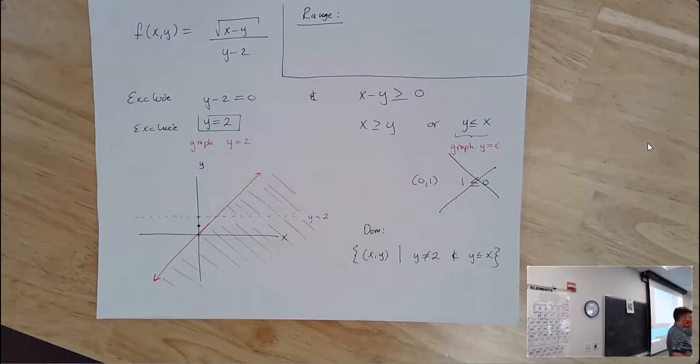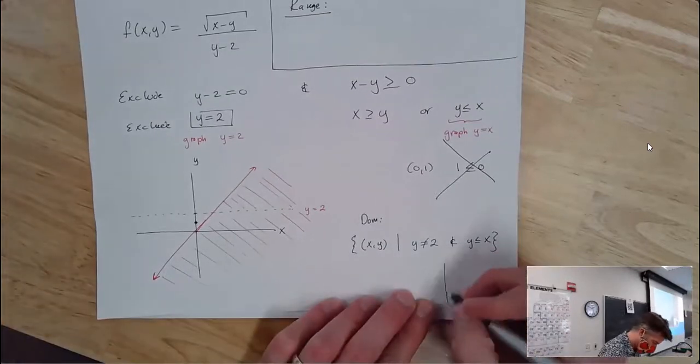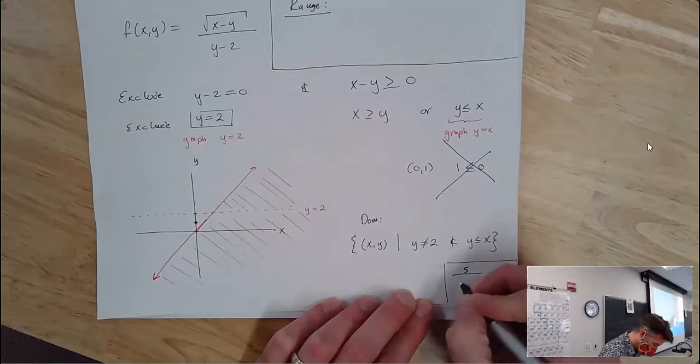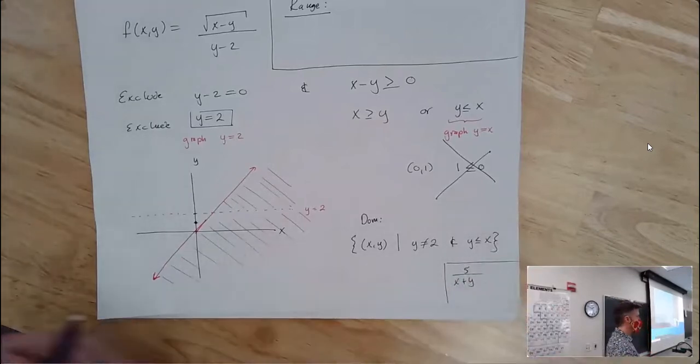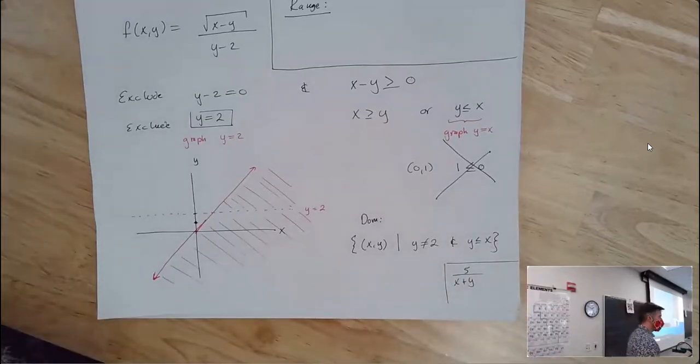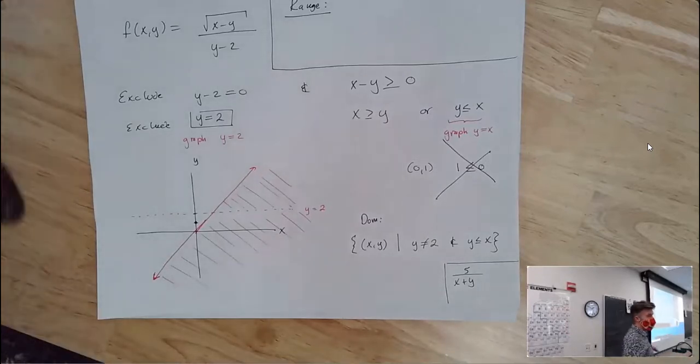It's a pretty good bet that you're going to get everything. Sometimes you don't get 0 if the numerator can't be 0. Like if your function was 5 over x plus y, you can probably get everything except 0 in the range, because to get 0, you have to have 0 in the numerator. And that's not going to happen for 5 over x plus y.